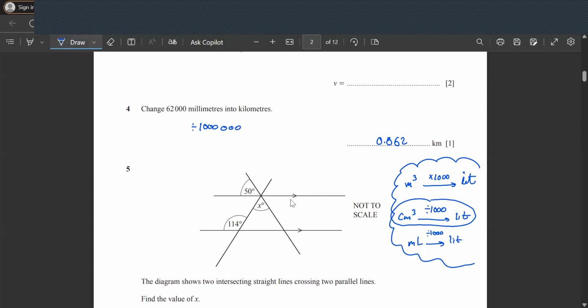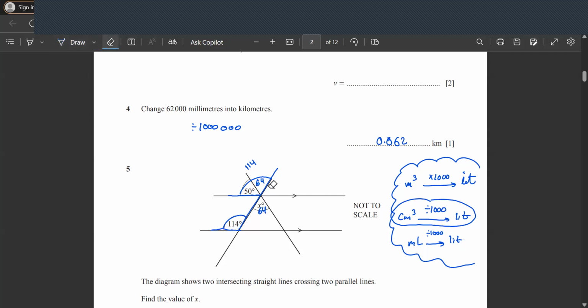This is parallel, and you find here the letter F, right? So if this is 114, all of this will be 114. And if this is 50, then 114 minus 50 will be 64, which is this vertical opposite angle.